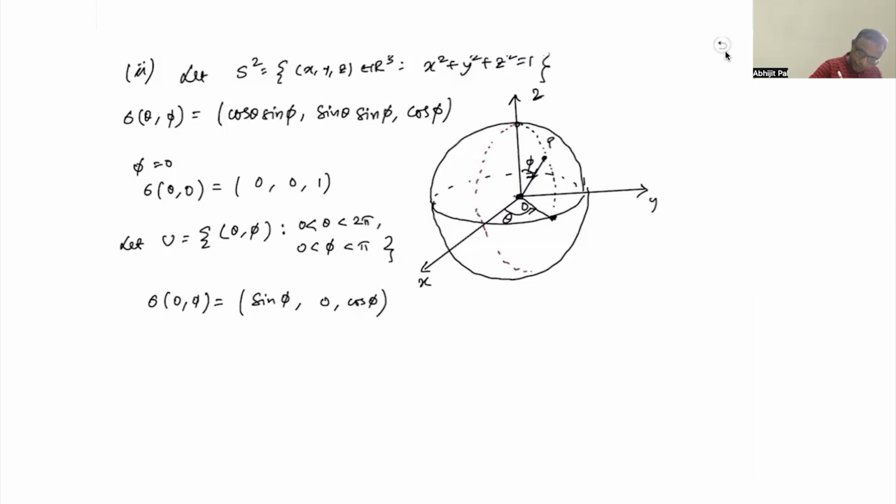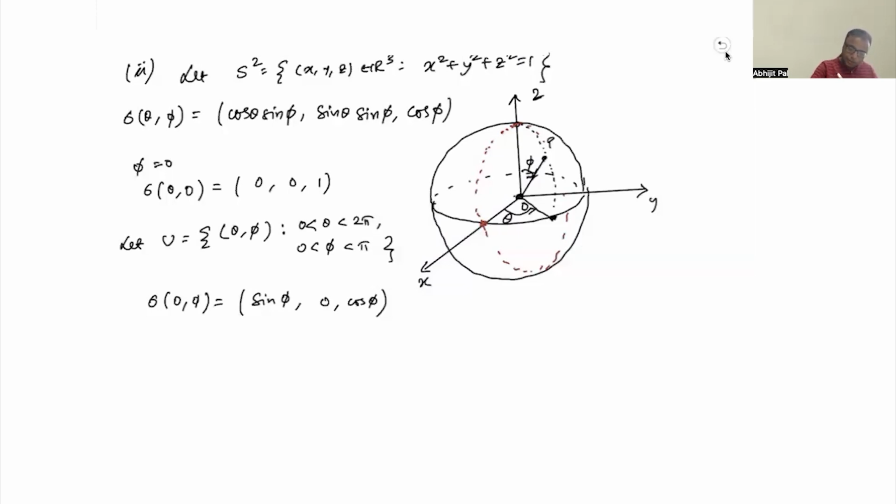You'll get this great circle. Okay. And theta is varying from 0 to 2 pi. So this point will not be there, and phi is varying from 0 to pi.